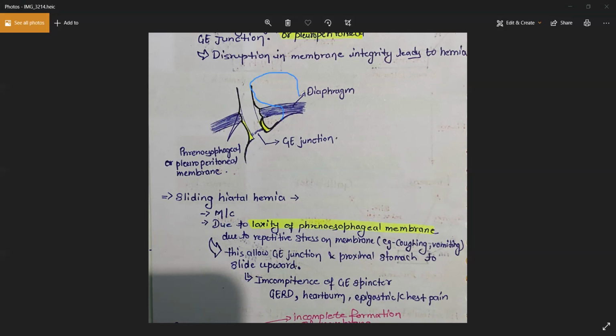Dysphagia can happen, regurgitation can happen, aspiration can happen, vomiting can happen because of this. Very important to note about this paraesophageal hernia.